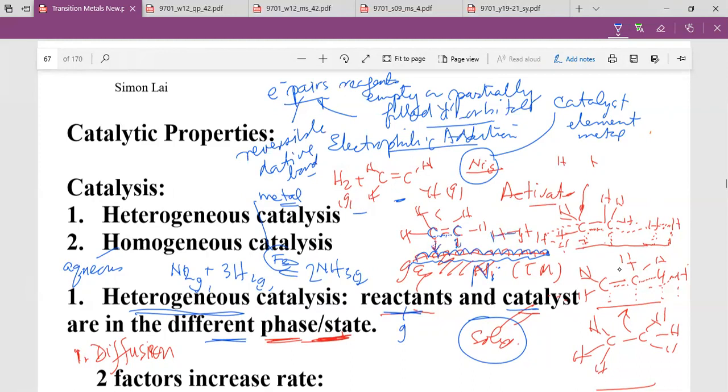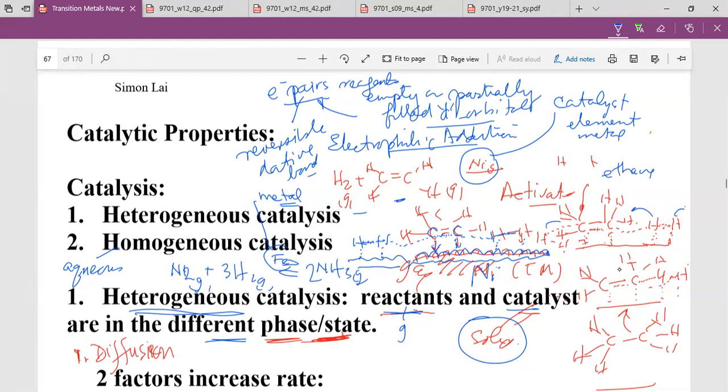As it comes near the surface, it forms dative bonds, and the H-H bond partially breaks. Another hydrogen with another nickel also forms dative bonds, so bonds slowly break and slowly form, and then they form the whole ethane.